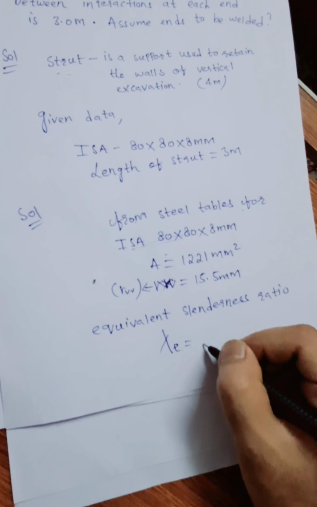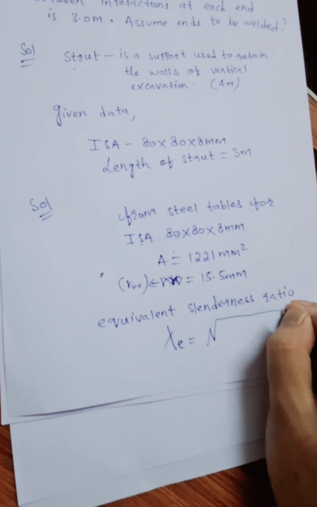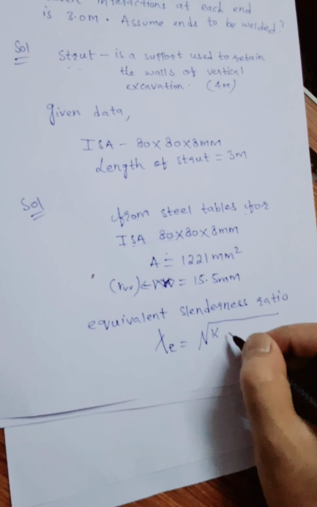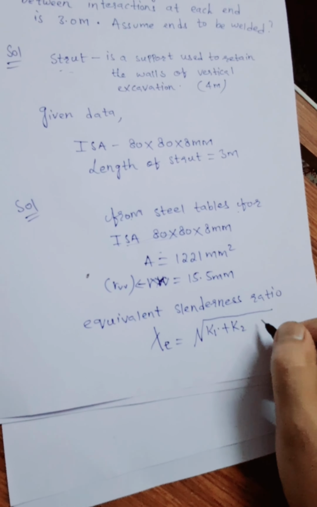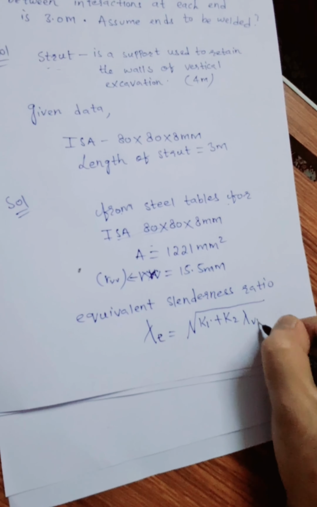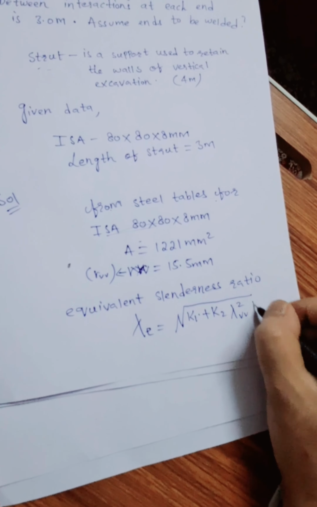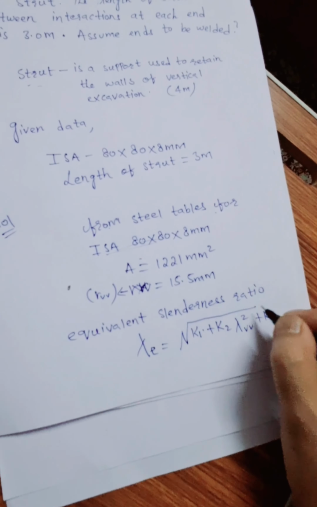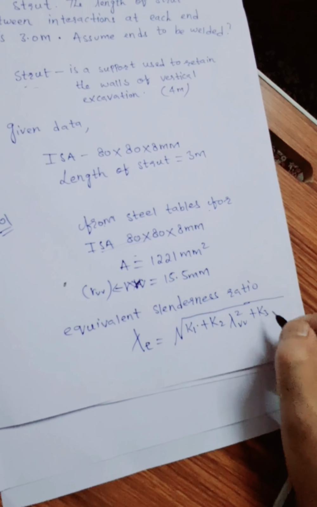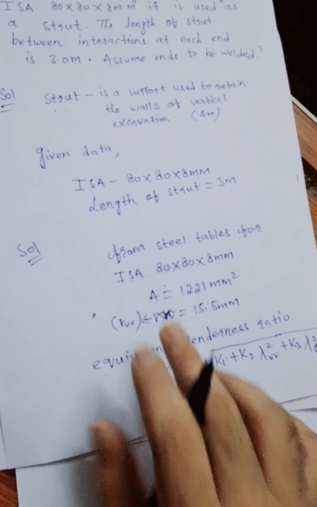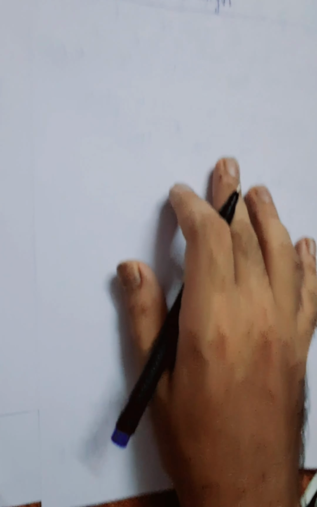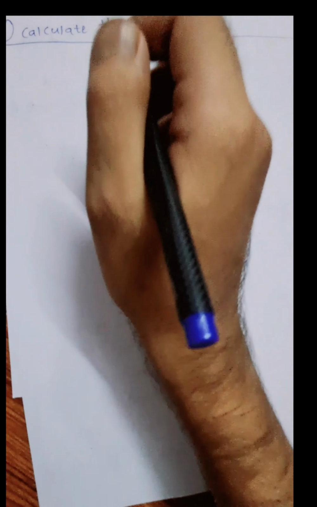Lambda e is equal to under root of k1 plus k2 lambda vv square plus k3 lambda phi square. Okay, this is completed. Now let's see the lambda vv.